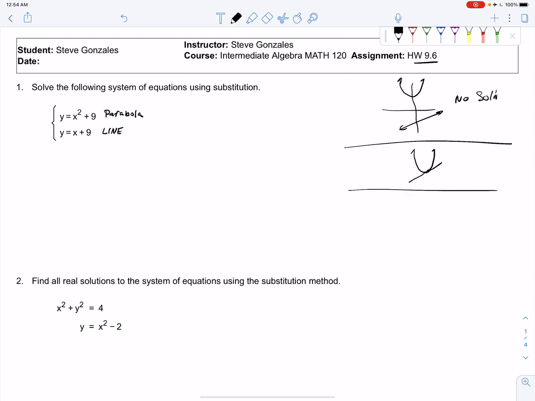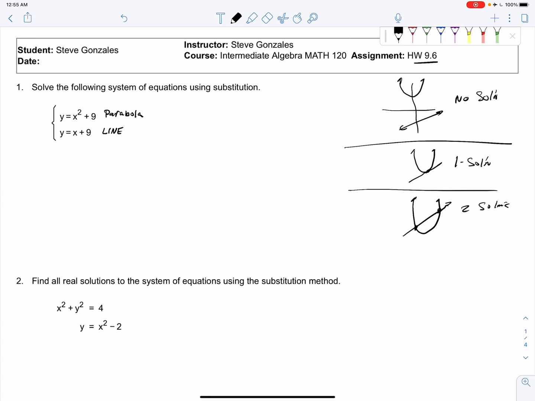That would be one solution. It is also very possible to have a parabola and a line that goes through two points. With a line and a parabola, the most you can have is two solutions, right? Because the line's not going to bend around and hit it again. So we can have no solution, one solution, or two solutions.